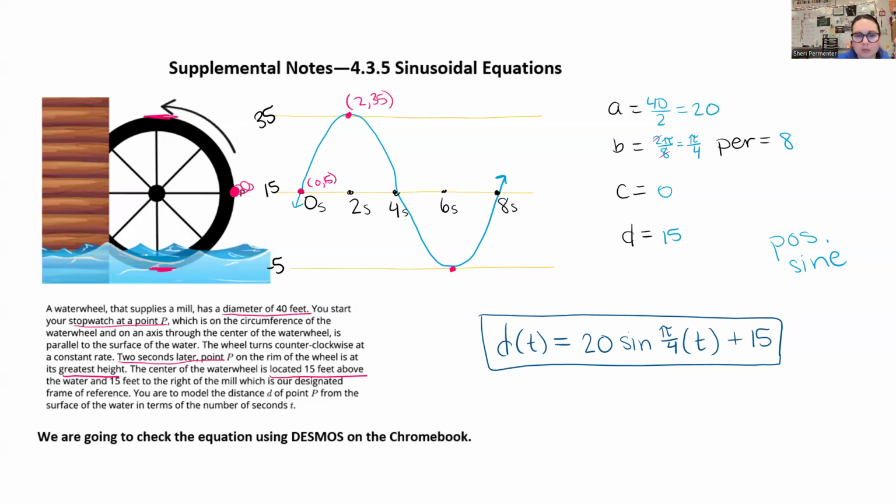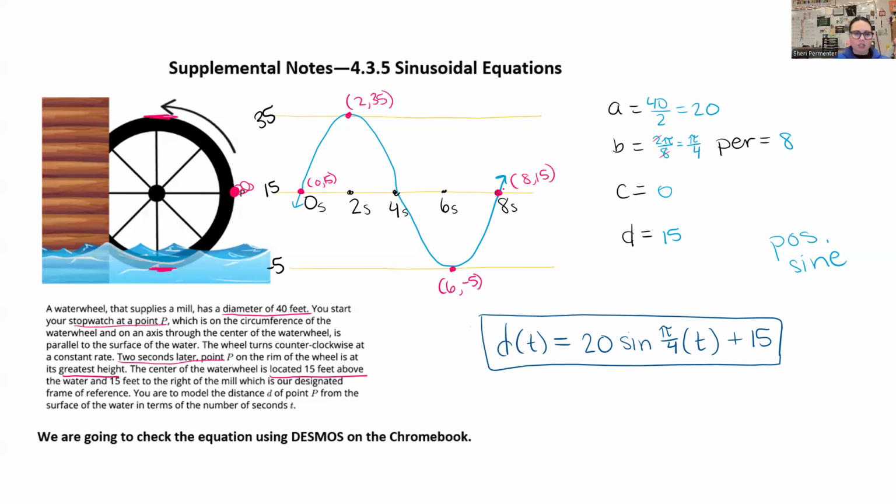I can make sure the minimum is good. So I would be at 6, -5, and then make sure that my period is good so I end at the right value. I don't think you have to do every single point in between. If I start here and it ends here, then the points in between are going to be correct. I do want to check my maximum, minimum, my starting and my ending points. So I end with a point of 8, 15.